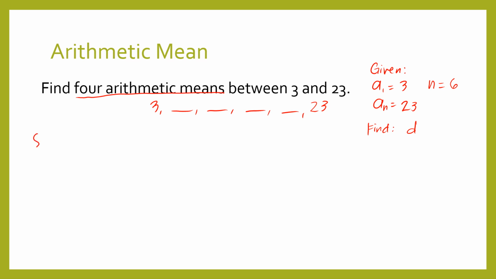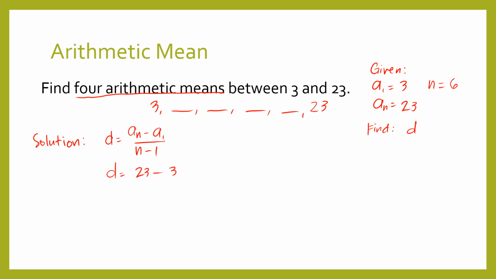So what is our solution? To find the solution, of course, you have to find first the value of d, the common difference, which is a sub n minus a sub 1 over n minus 1. Our a sub n is 23, our a sub 1 is 3.